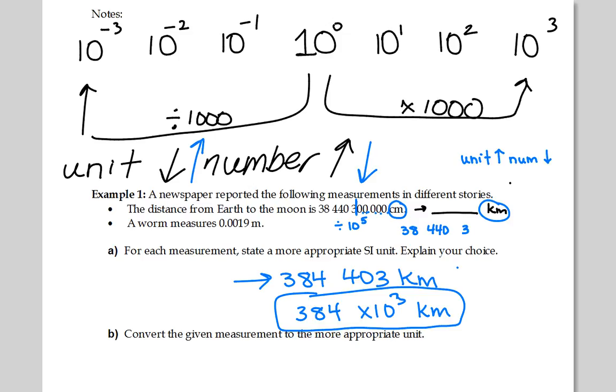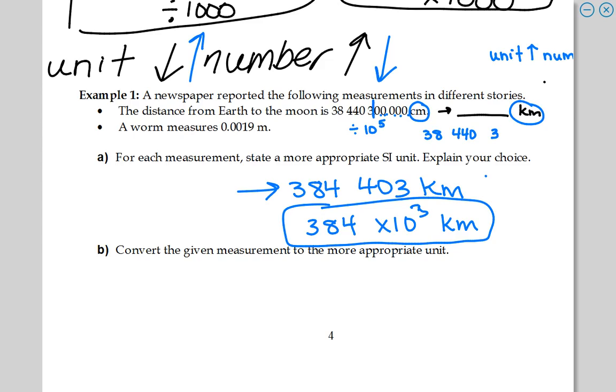Okay, let's do the next one. A worm. Obviously, you wouldn't measure a worm with meters. That's ridiculous. So again, this whole strategy where it's like, okay, meter to, you guys pick which unit. Centimeter, millimeter, what do you think? Centimeter? Sure. I think millimeter would be fine.